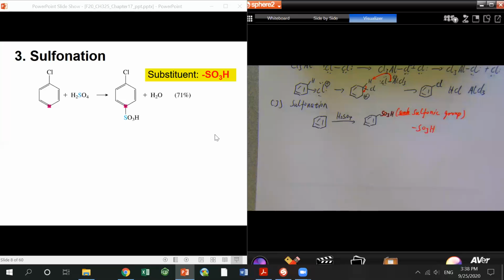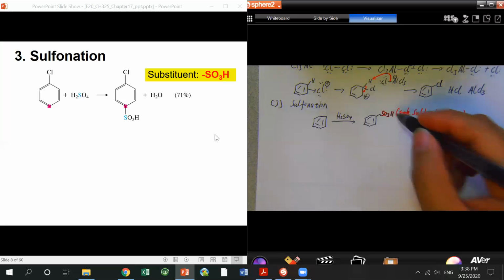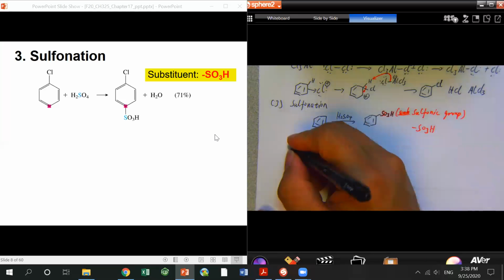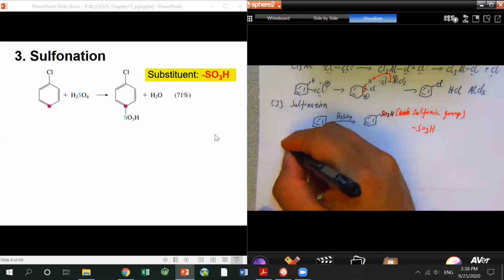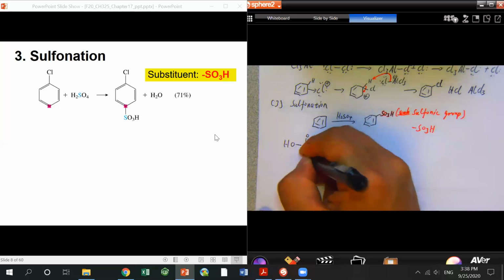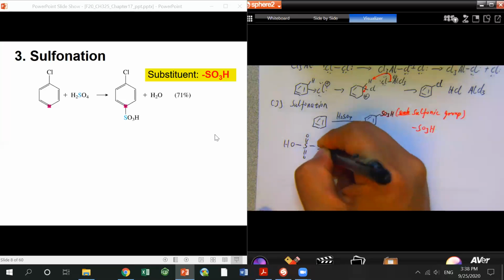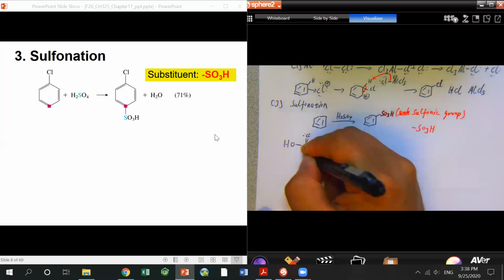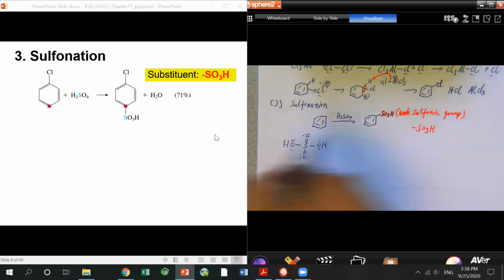Why is that? I will show you the mechanism and then you will understand why SO3H. For this reaction we again need to generate the electrophile first. We start with sulfuric acid, which has a lot of lone pair electrons.